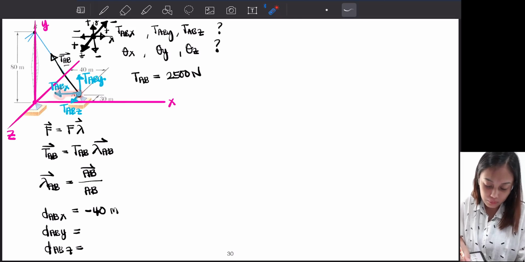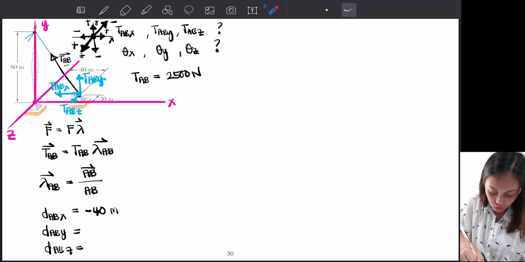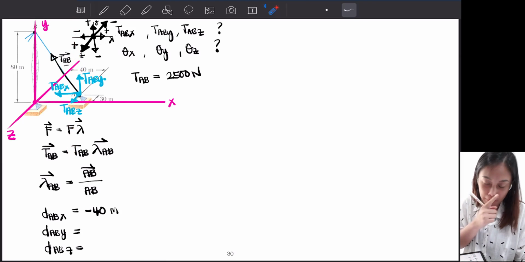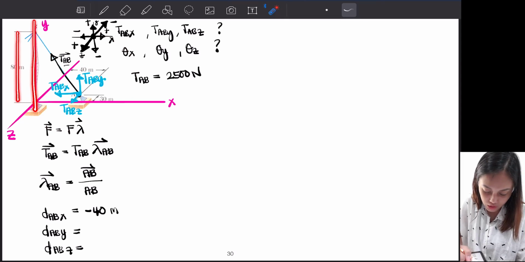How about DABy? The distance between point A and point B along y-axis. What distance is given in the problem, or in the figure? In the figure, there is a given distance along y that is parallel to y.